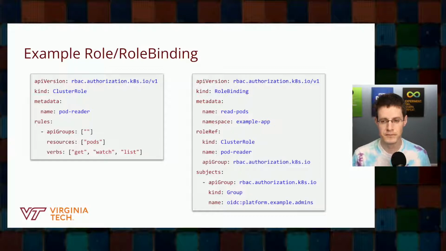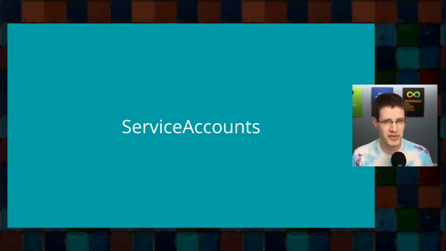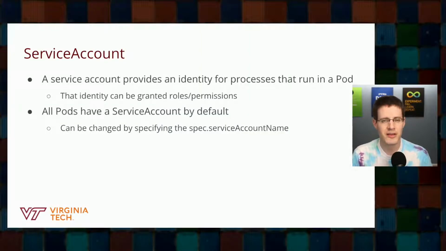All right, let's talk about service accounts for a minute, and then we'll do a demo and bring it all together. Service accounts are a way that Kubernetes gives identity to processes that are running within a pod. It's a way for the pod to identify itself, to say, yes, I am this application, I'm this role, and that role can then be granted permissions.